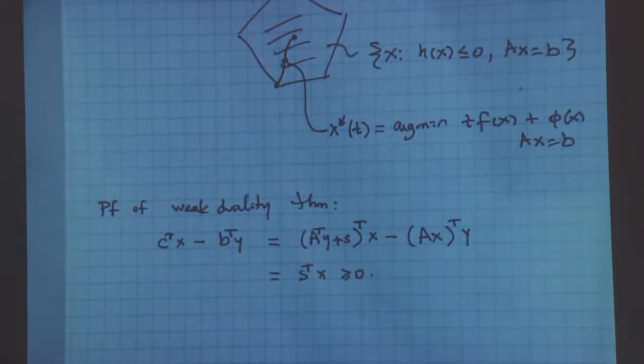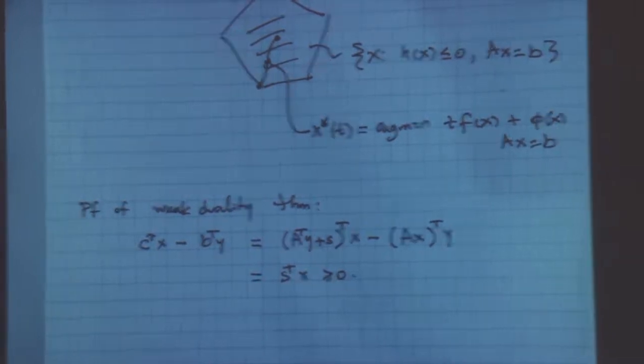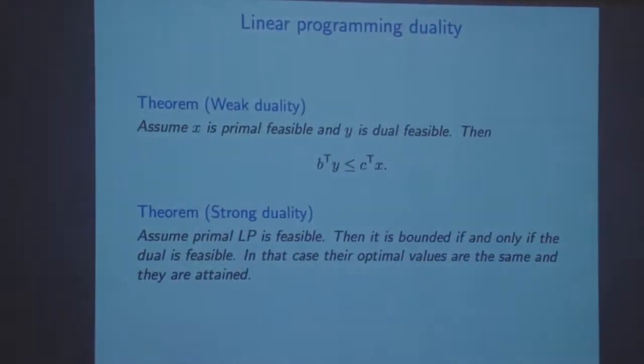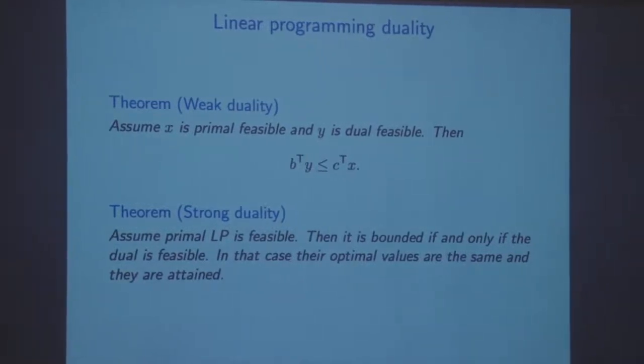And then we have, and this is a very, very special property of linear programming, we have this much stronger condition that is called strong duality. And that is, if the primal problem is feasible, then it is bounded if and only if the dual is feasible. And when that happens, the optimal values coincide.